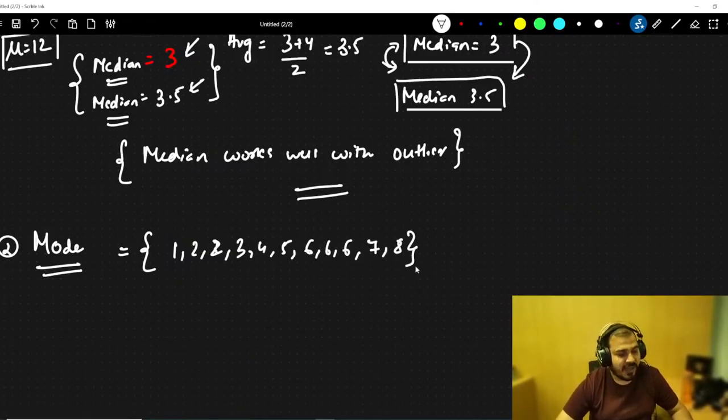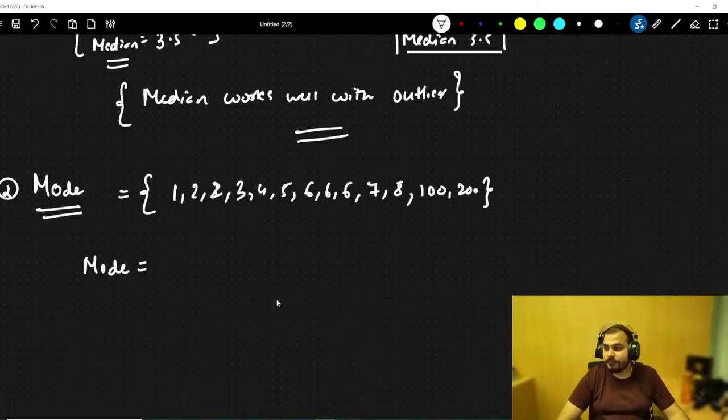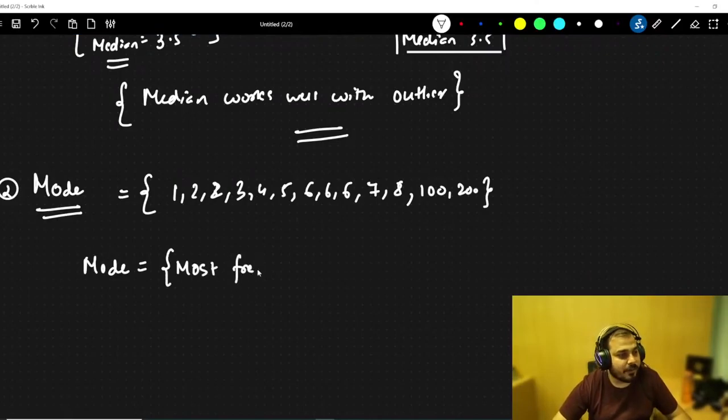Even though I have some outliers like 100, 200, in this particular case what should be our mode, which is again taken as a measure of central tendency? Now over here, in mode we find out the most frequent element.